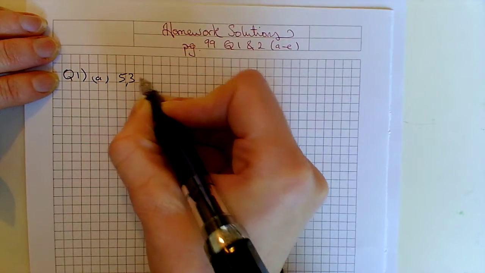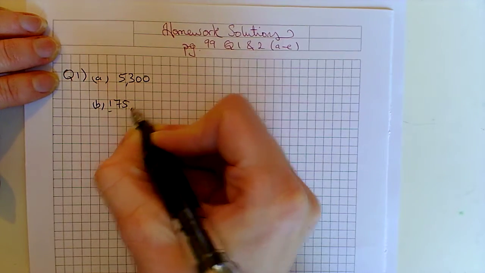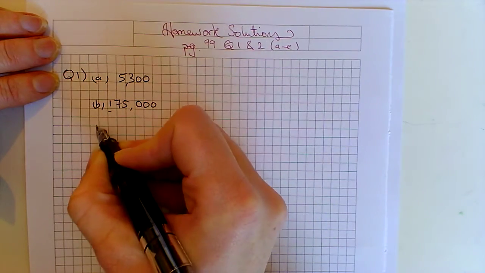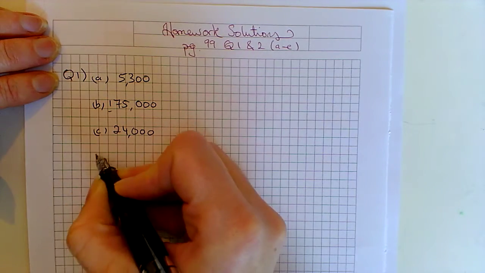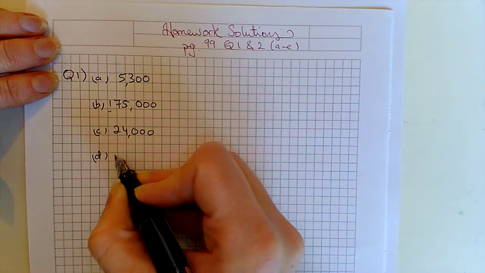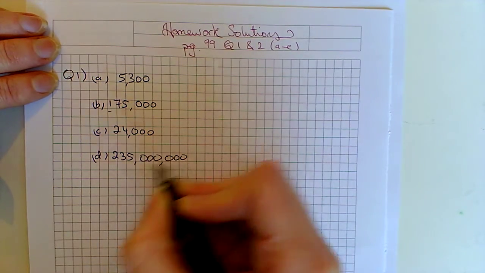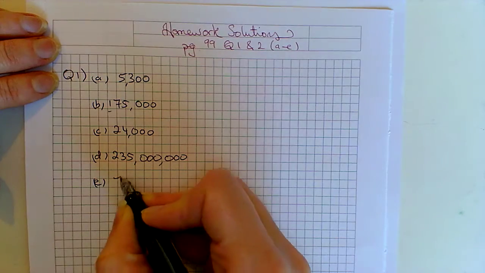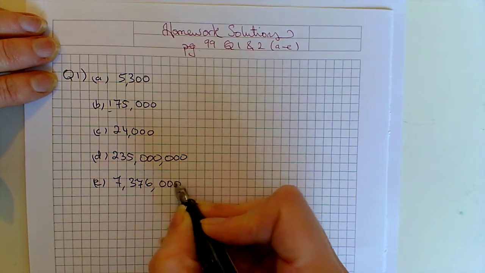A, 5,300. B, 175,000. C, 24,000. D, 235 million. E, 7,376,000.